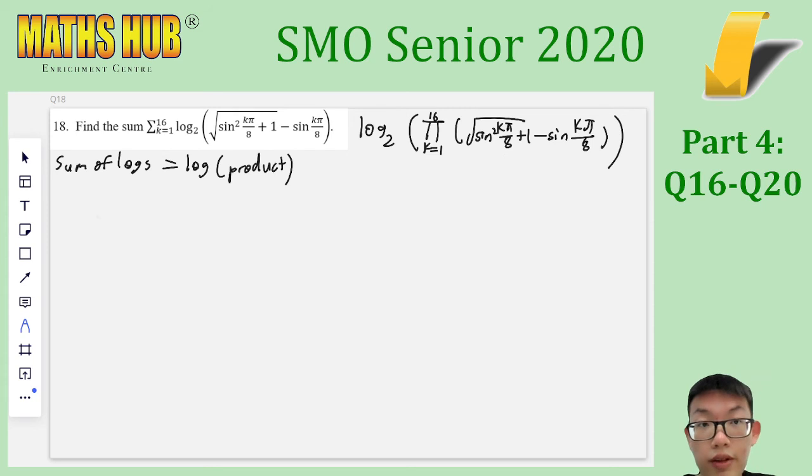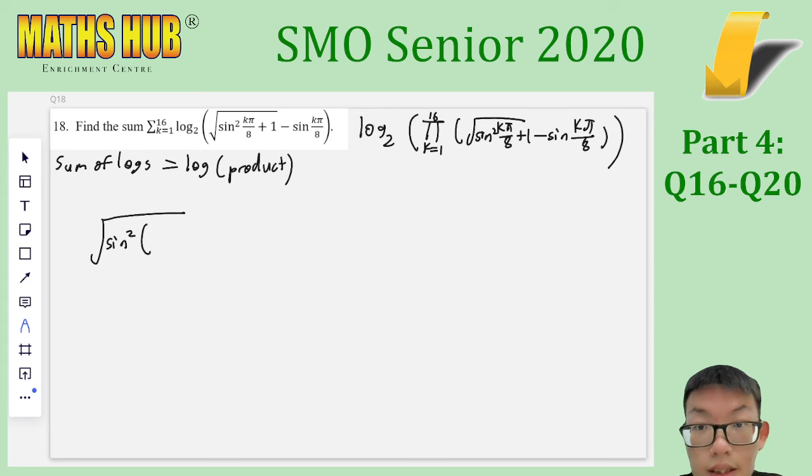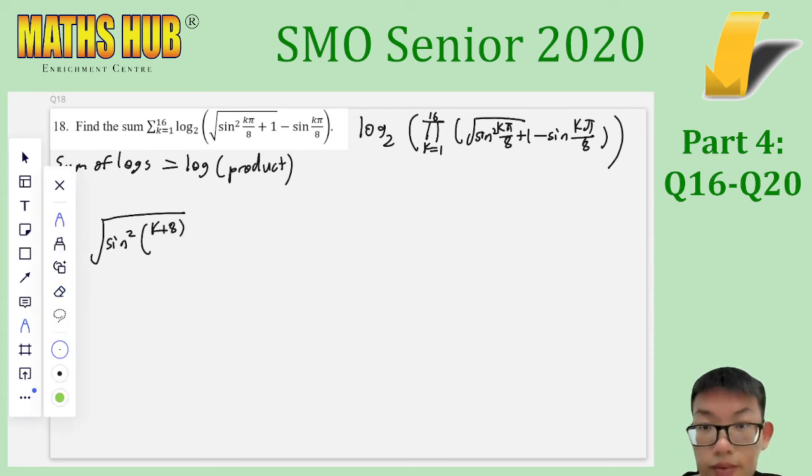So here's what I'm going to write down. If we were to shift k forward by 8 steps, meaning k plus 8, pi over 8, plus 1 minus sine k plus 8 pi over 8.